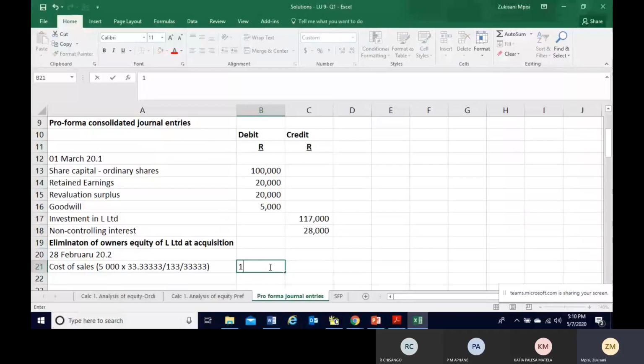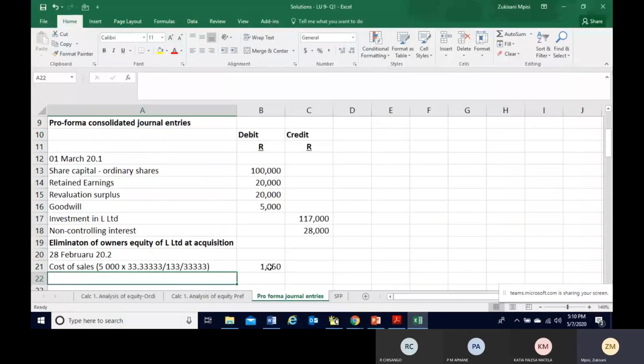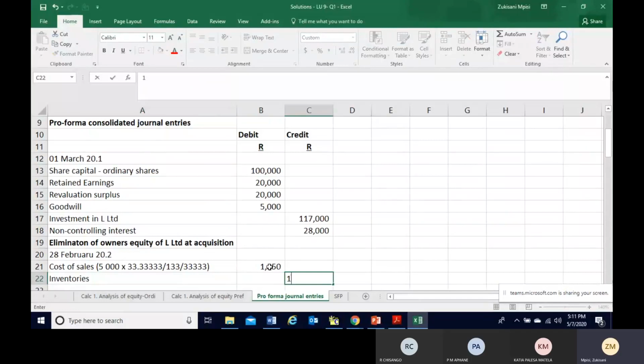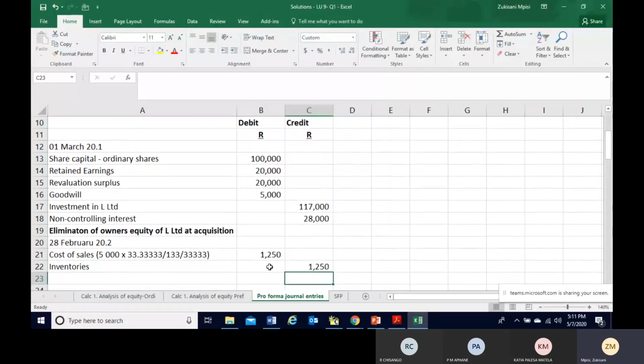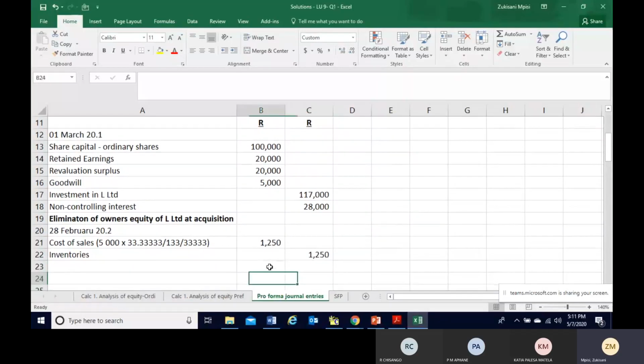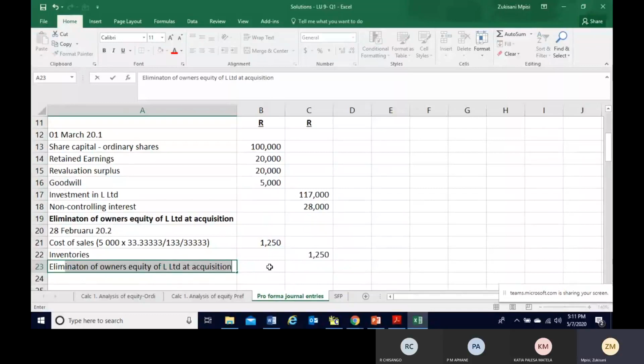Then you are going to get 1,250 of cost of sales. Then we also reduce our inventories by 1,250, which means our inventory of 5,000 now becomes 3,750. So this is elimination of intra-group profit on closing inventory.